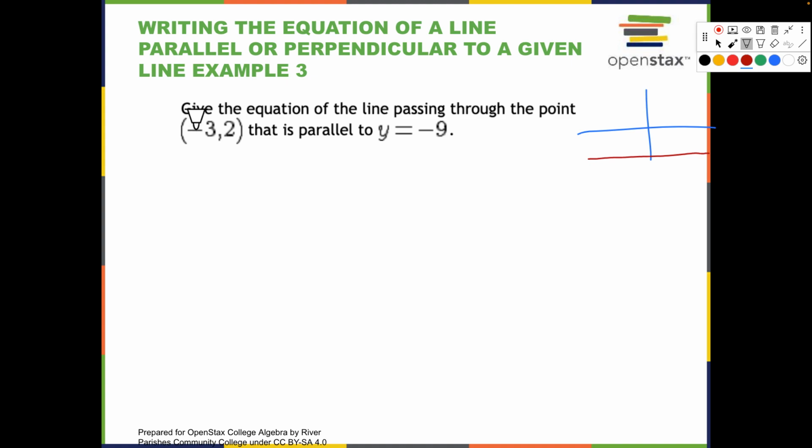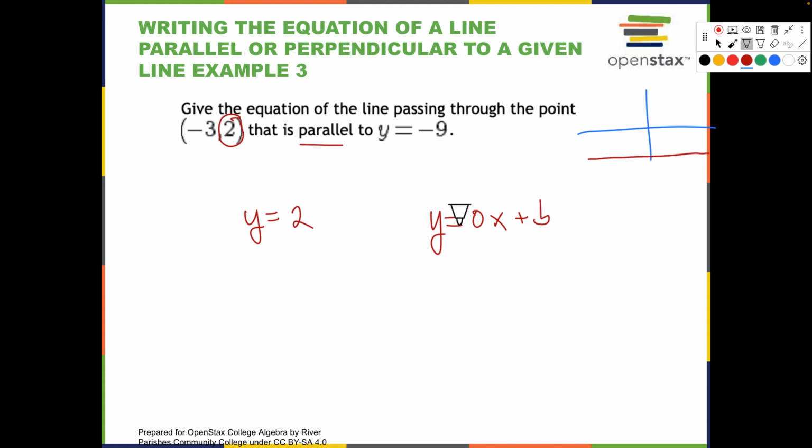So if I'm parallel to a horizontal line, what is the only other line that's parallel to a horizontal line? Another horizontal line. And since the horizontal line is y equals, what's the y going to be equal to? 2. Y equals 2. Okay. Now you could say, okay, it's got a slope of 0, so that's y equals 0x plus b.